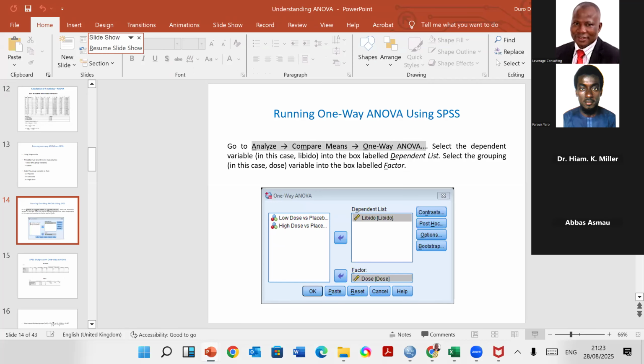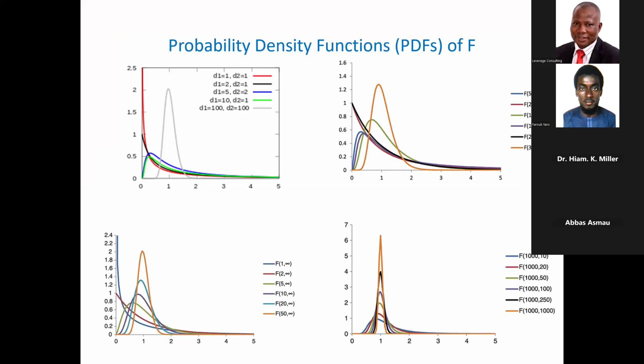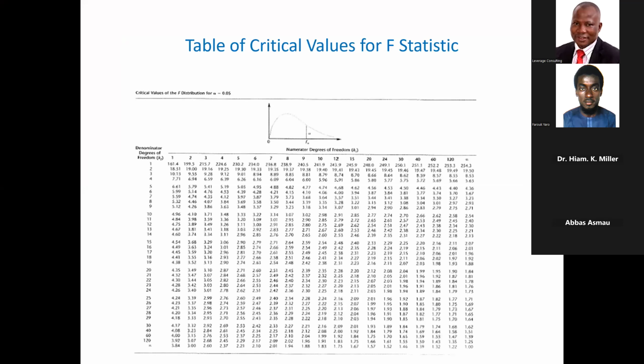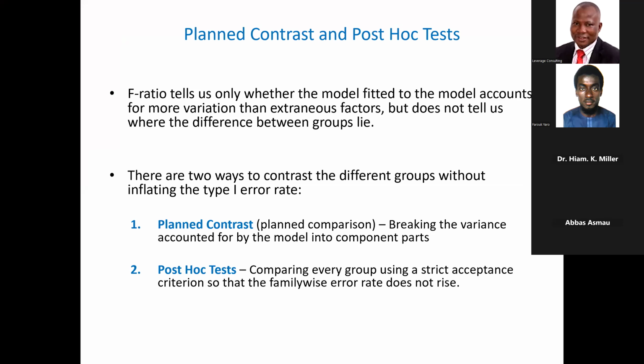This was just where I talk about probability F. There's no time to be talking about that distribution and the F table. If we cannot find the difference, we can use either planned contrasts or post hoc tests. The F ratio tells us only whether the model fitted accounts for more variation than extraneous factors, but it does not tell us where the difference between those groups lies. There are two ways to contrast the different groups without inflating the type 1 error rate.